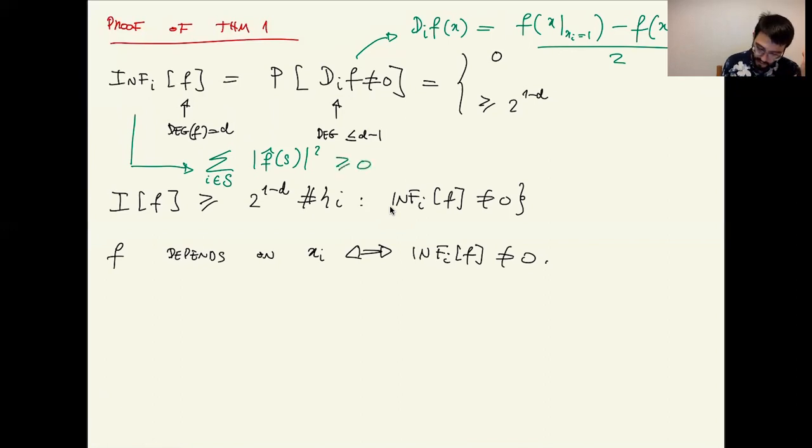This is always greater or equal than 0, so the influence is always greater or equal than 0. It's exactly 0 when f doesn't depend on xi. So this is actually counting, this is just 2 to the 1 minus d times the number of variables that f depends on.